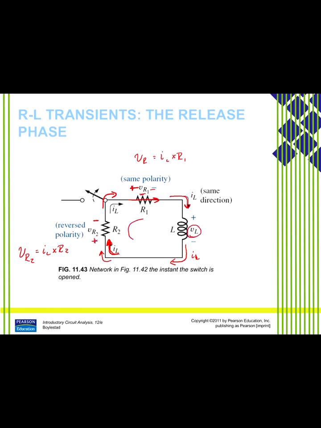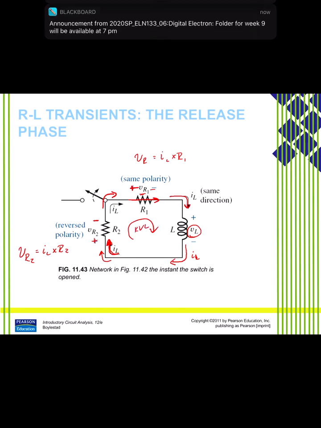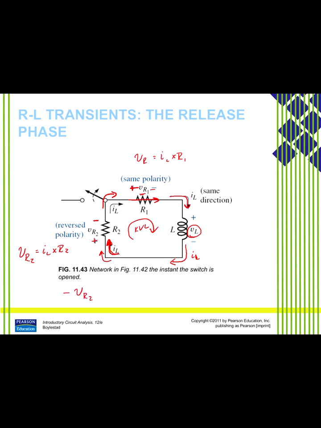And then what does that mean for V sub L? Well, let's look at Kirchhoff's voltage law here. KVL tells us that if we have a voltage drop of VR2 and a voltage drop of VR1, then we must have a voltage rise of VL, and that all has to equal 0.